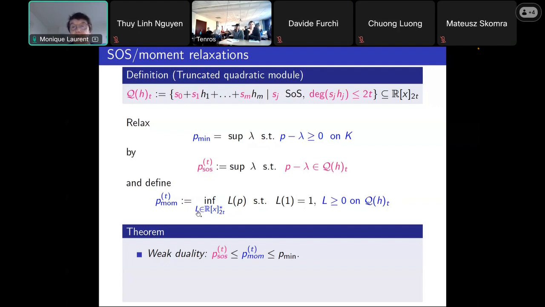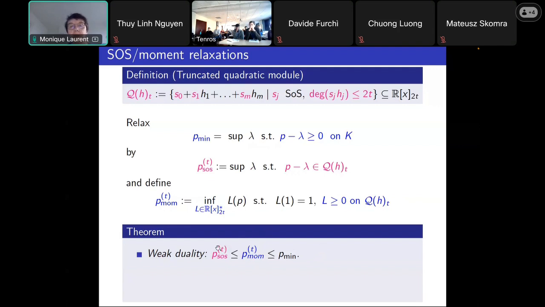And the infimum we call the moment bound of order t. And by weak duality, it's just by checking it: you take an L feasible here, a lambda feasible here, then you obtain that L of p is at least lambda. So the moment bound is nested between the SOS bound and the minimum of p.